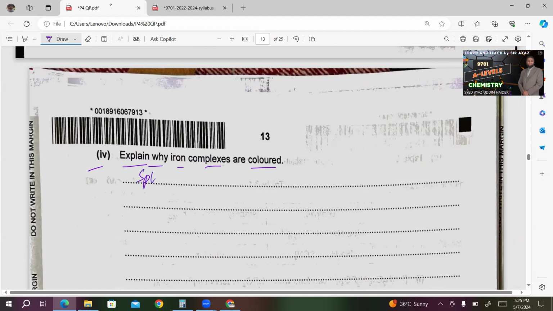So you write splitting of degenerate. Degenerate means same energy level. Degenerate d orbitals into 2 energy levels.